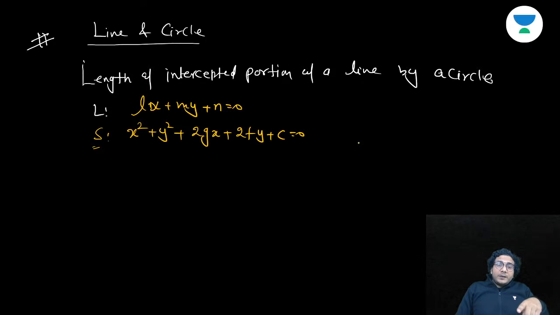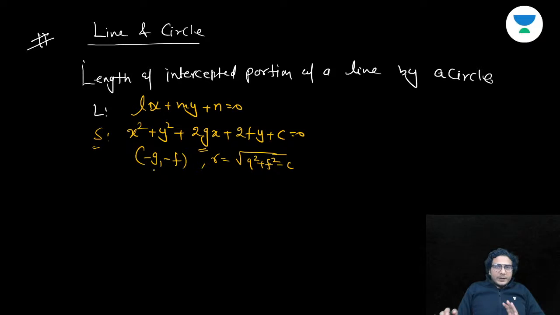In this one you'll have to apply the formula: comparing, the coefficient of x is 2g, so you find g first, and then minus g is the x coordinate, right? In the exam the equation is generally given in this expanded form, so we should be very clear to write the center and radius. The center is minus g, minus f, and the radius is under root of g square plus f square minus c.